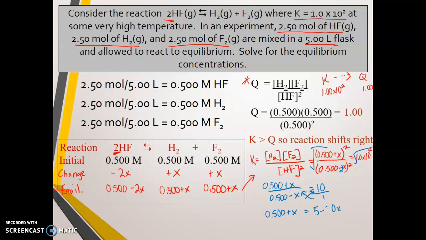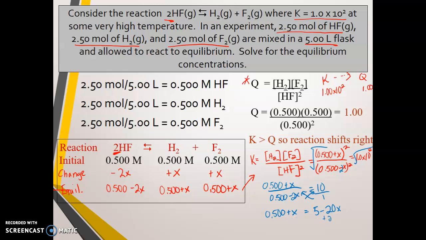So minus 20x. 2 there. Okay, so now we just need to solve for x.